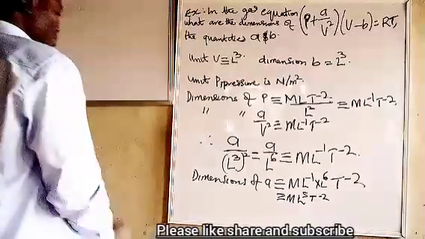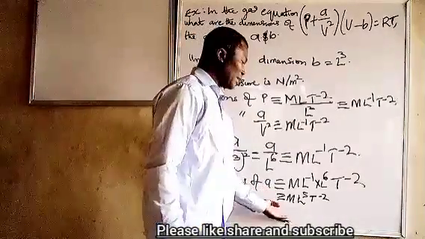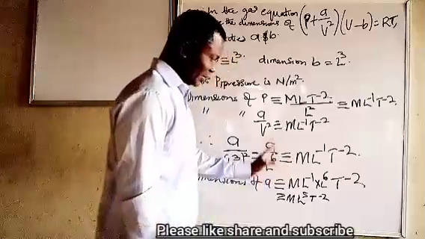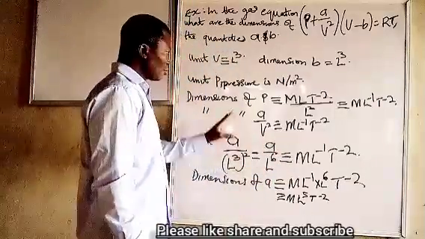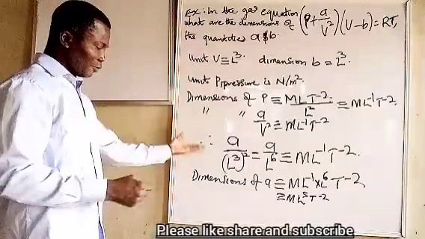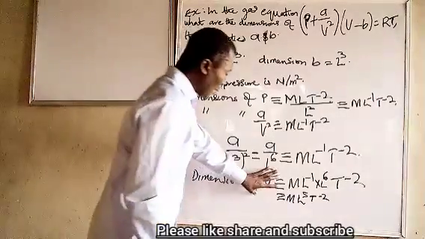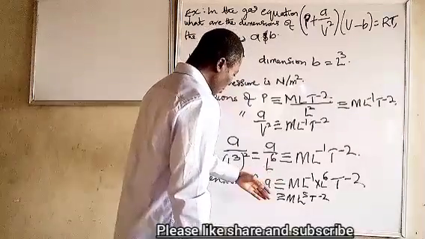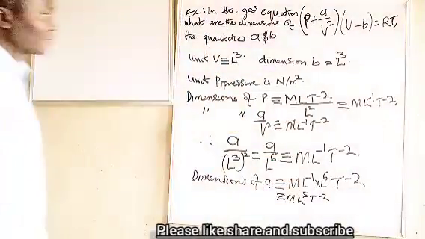So you can see we found the dimension, but here we have not really spoken about units. Please, this is dimension. We can try to get units from dimensions. So here we just talk about dimensions of A. When we want to get the unit, we go a bit further.